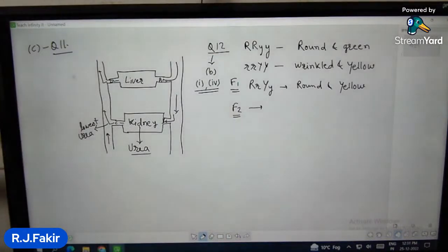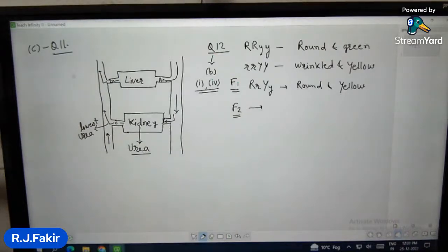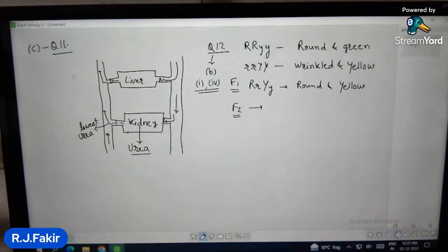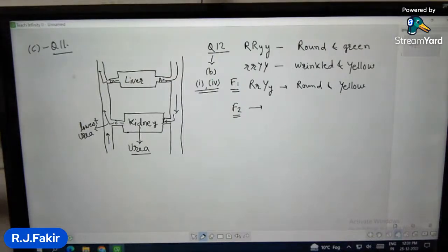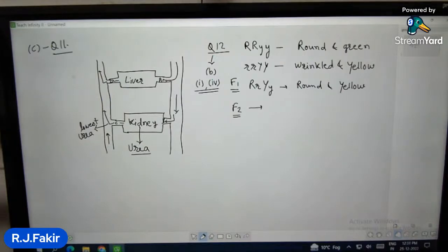So we can see now what this option B is: round yellow and wrinkled green. This is the combination of these two. This is question number 11.